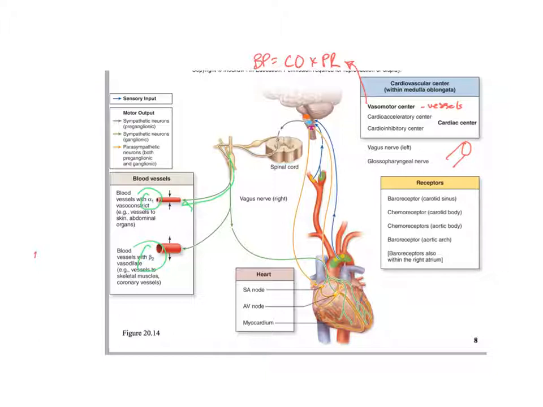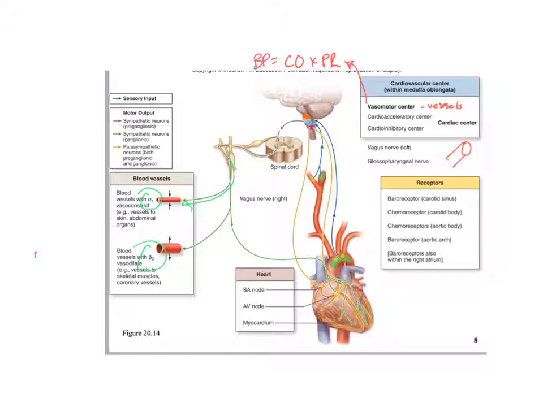Where have I talked about it multiple times as being the highest pressure vessel in the body? The aorta. Think about this intuitively: it makes sense to have a quality control point as blood is coming out of the heart in the aorta to determine the right pressure.